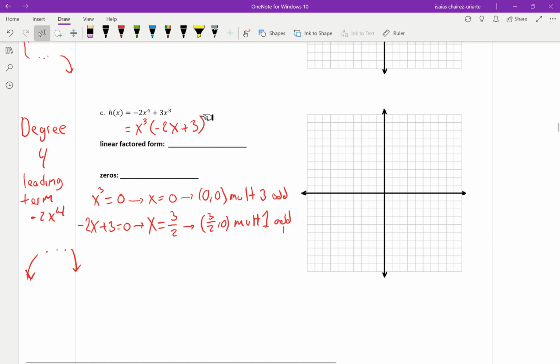Okay, so let me try to put all of this together. I have an x-intercept right at the origin, (0, 0). I have another x-intercept at (3/2, 0). 3/2 is 1.5, so I'll sketch it right there somewhere in the middle. My graph is going to cross the x-axis at both points.